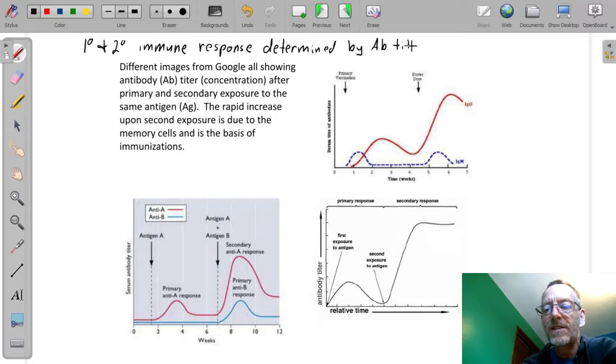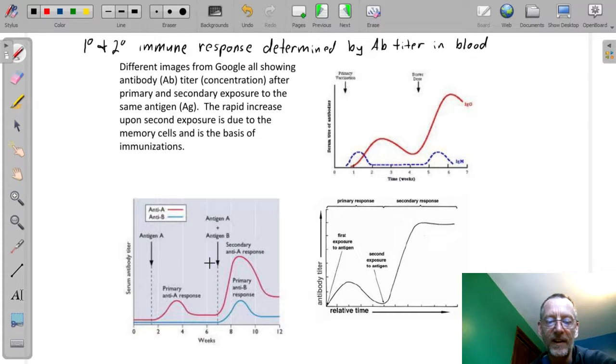And titer just means concentration. So if we're talking about the titer of anything, we're talking about the concentration. So we're just talking about the number of antibodies in the blood, in the serum.